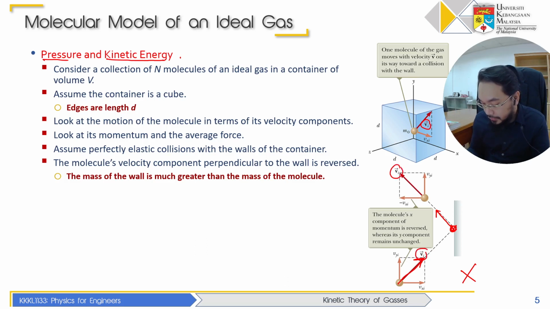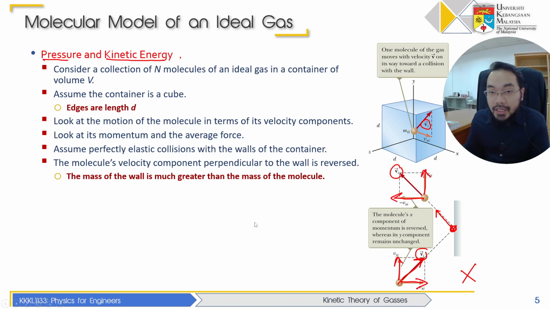So the velocity only changes in terms of the direction. The magnitude does not change. That's what it means by the velocity component perpendicular to the wall is reversed. So the x-axis component here is reversed, and the y-axis is still the same.